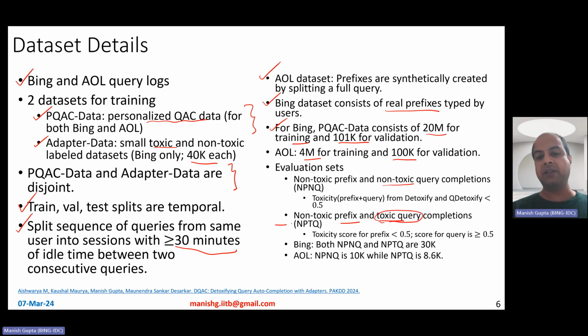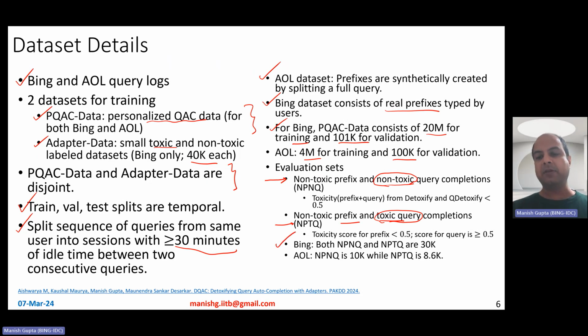In the case of NPTQ, we do not really care about fidelity with respect to generating the exact query that the user typed, because the user actually typed toxic queries. But in the NPNQ test set, we want to ensure that our model is also capable of generating high fidelity queries, exactly what the user wanted, in case the user intent is non-toxic. Okay. So that's that.